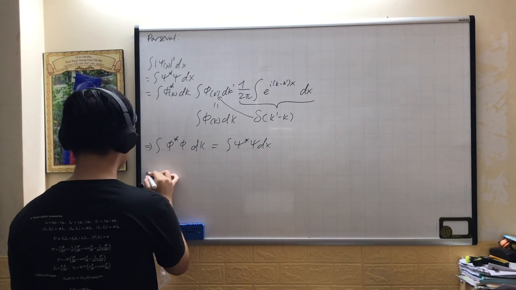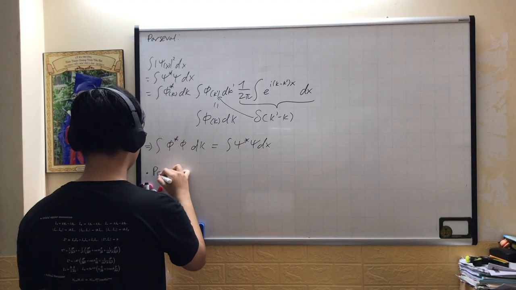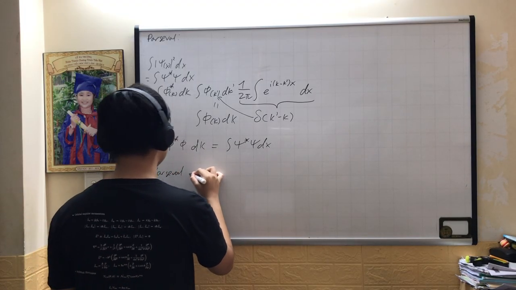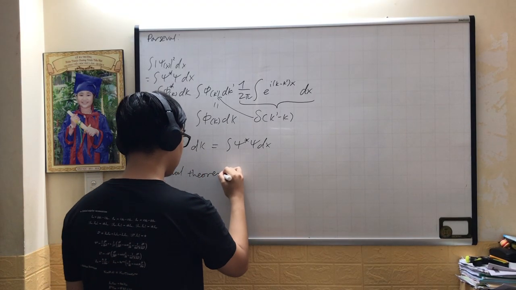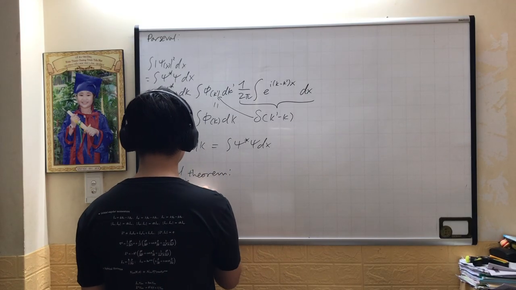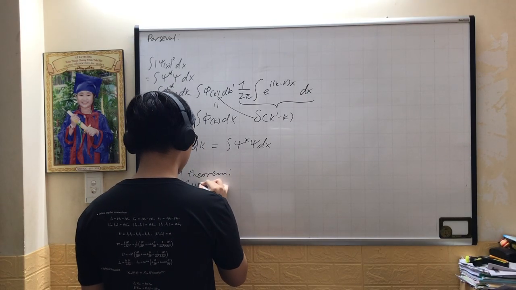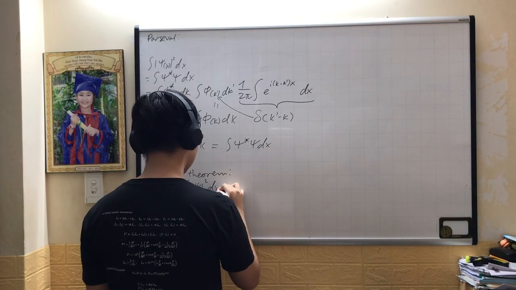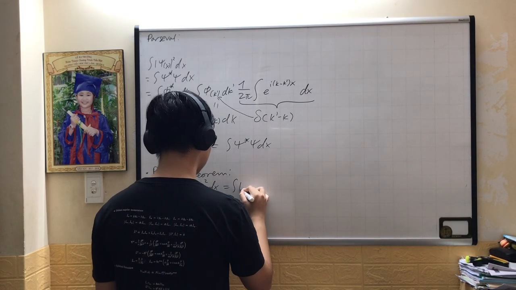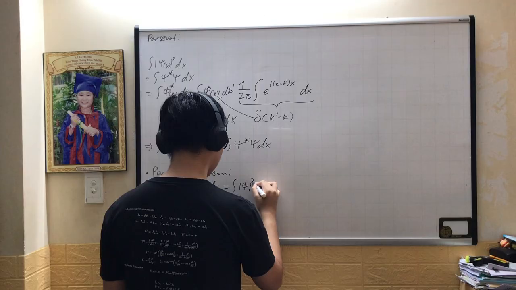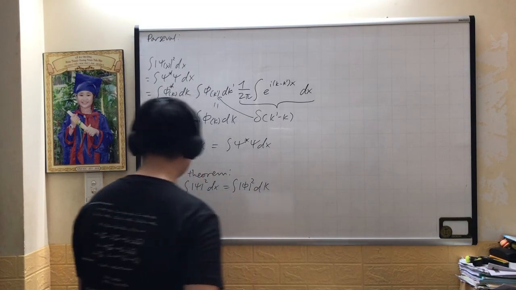And from here, we got the Parseval theorem, which states that the probability density of x is equal to that in k.